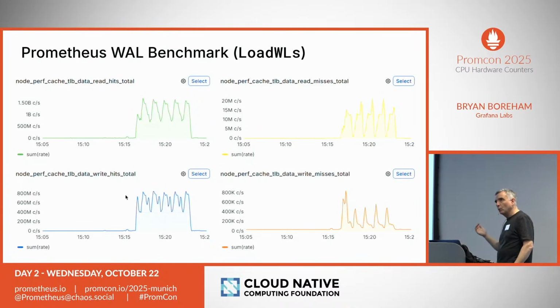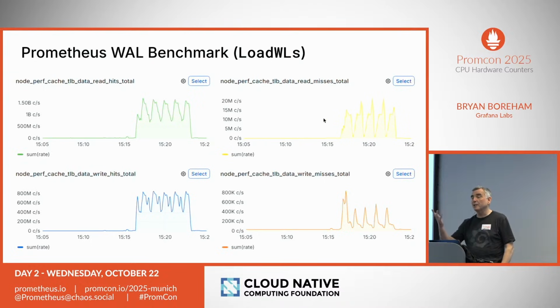So I'm getting a lot of misses in the cache. Percentage-wise, it's pretty good, actually. The hits are like 1 billion here, and the misses are like 10 million here. But I am getting a lot of misses.